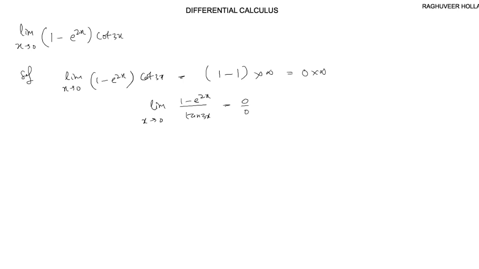Or even if you write 1 minus e to the power of 2x by tan 3x, you get the 0 by 0 form when x tends to 0. So by applying L'Hopital rule here, this is minus 2 e to the power of 2x divided by 3 secant square 3x.